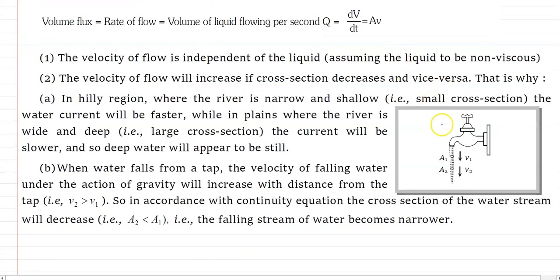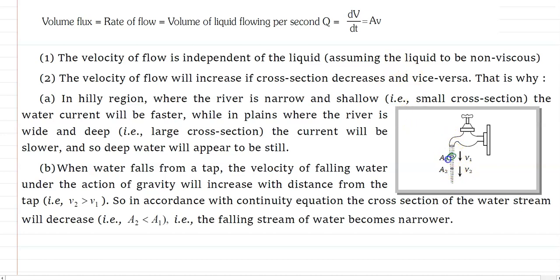So due to this equation of continuity, we know that when water just emerges from a tap, its velocity is small, but due to gravitational attraction, the velocity gradually increases. As velocity increases, the cross-sectional area gradually decreases, so that it maintains the equation of continuity.